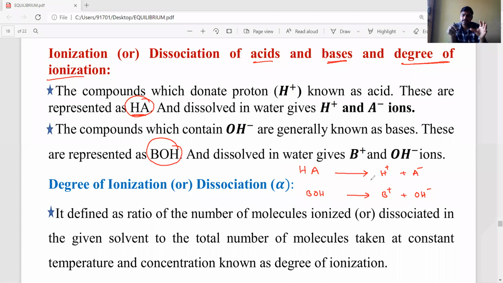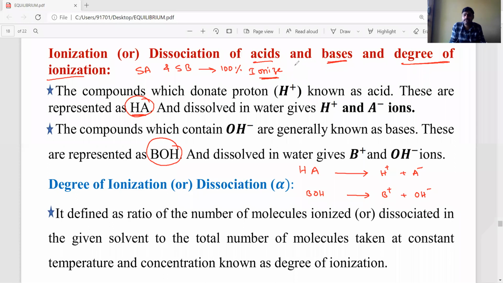Now the problem is, if we take any acid or any base, they are not 100% ionizing. Only strong acids and strong bases ionize 100%, or 100% dissociation takes place to give the corresponding positive and negative ions.